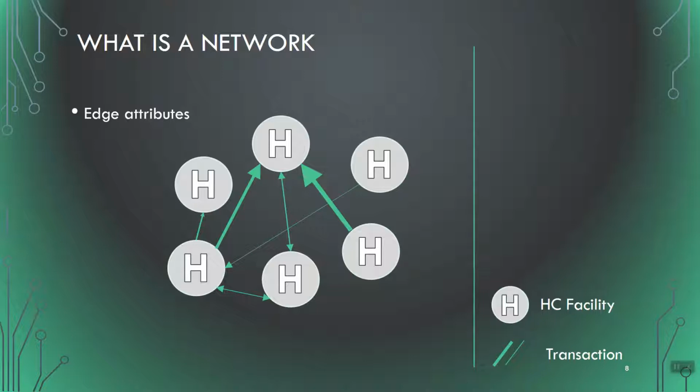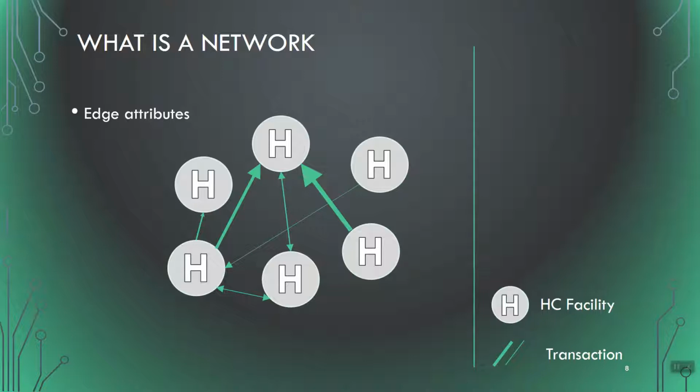Number of transfers. In the data set that we have right now, that could be an edge attribute if you have the transfers aggregated. For example, we had hospital A and hospital B, and we have a transaction there. Each of those transactions is all the transactions aggregated that happen within 30 days, which is, I think, the way you have the data.